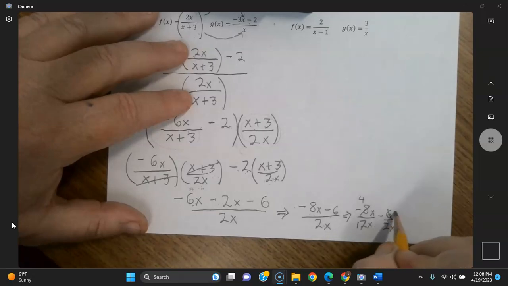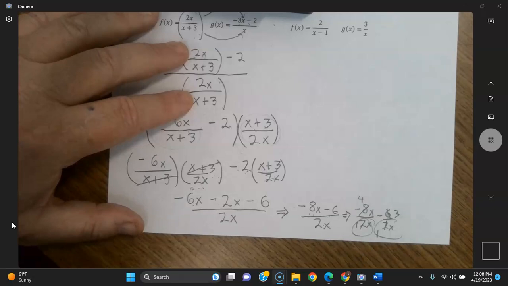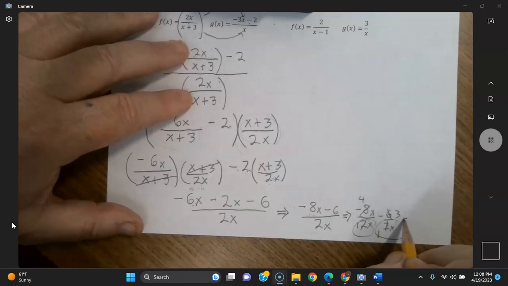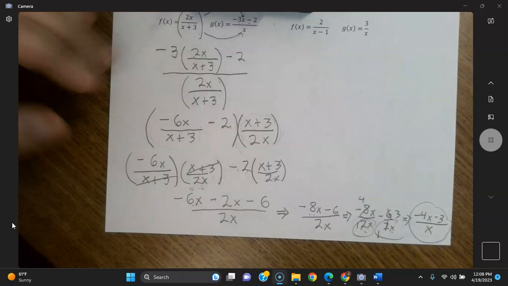This becomes 3, and this becomes 1. So notice I have 1x here and 1x here. I still have a common denominator. So the final step is negative 4x minus 3 all over x. Okay, the 2's canceled the x. And that is your final answer for that.